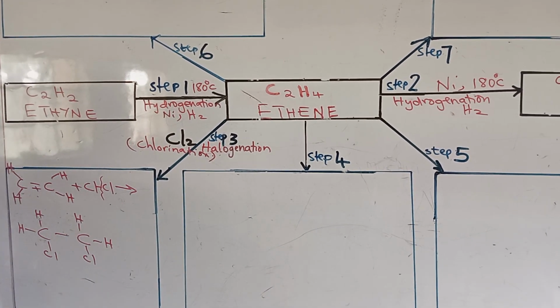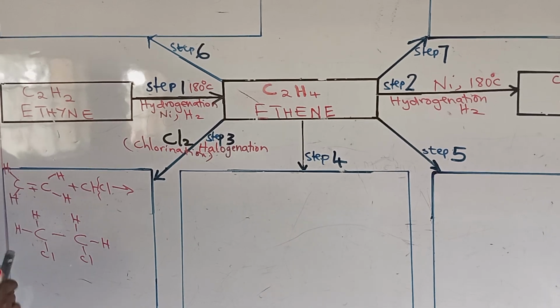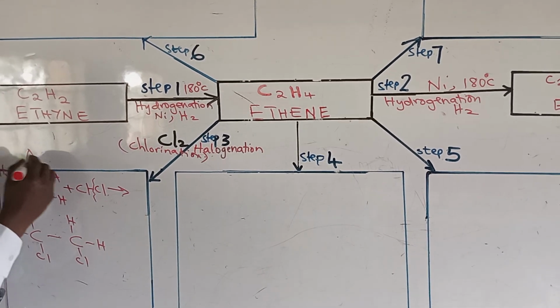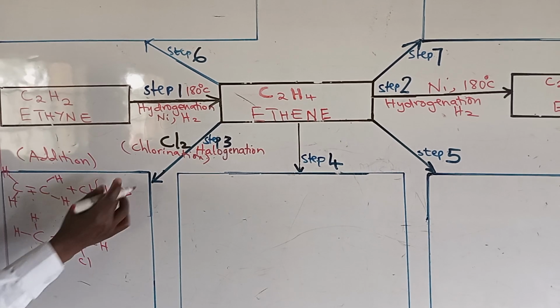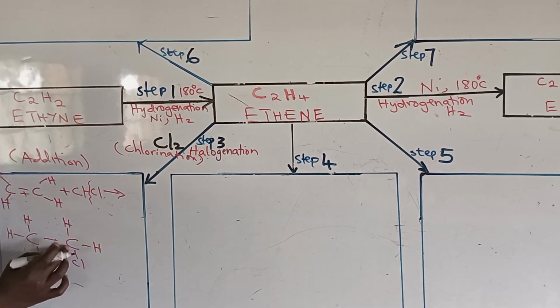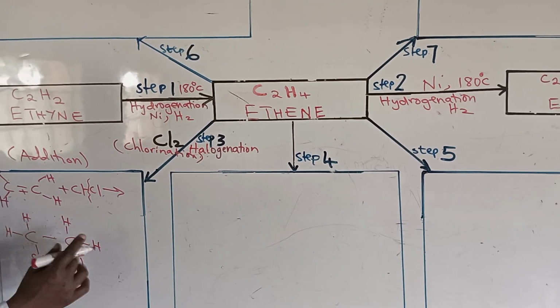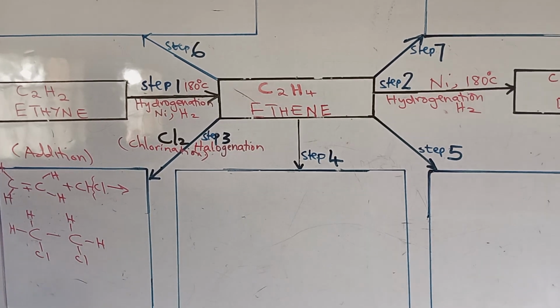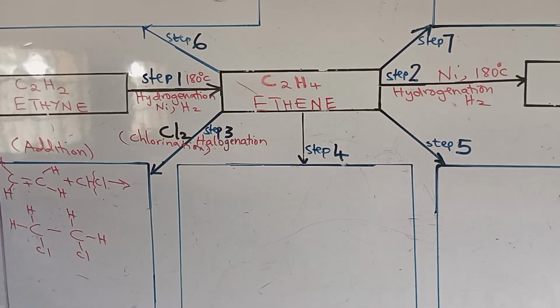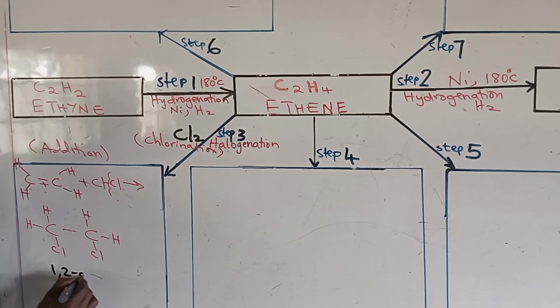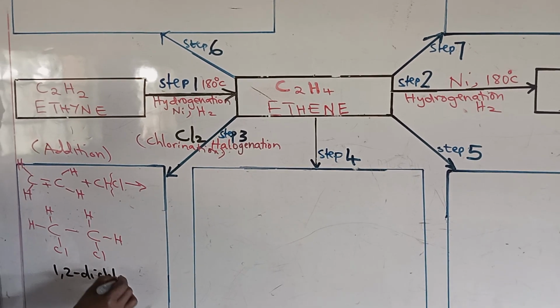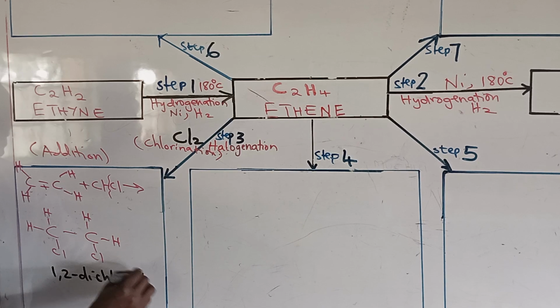This is the kind of reaction which we call addition reaction. This is an addition reaction of chlorine across the double bond. And what is the name of this compound? Therefore, this compound will be 1,2 dichloroethane.